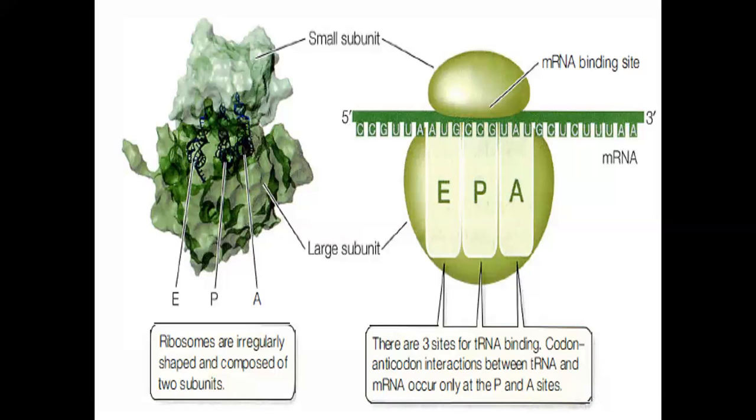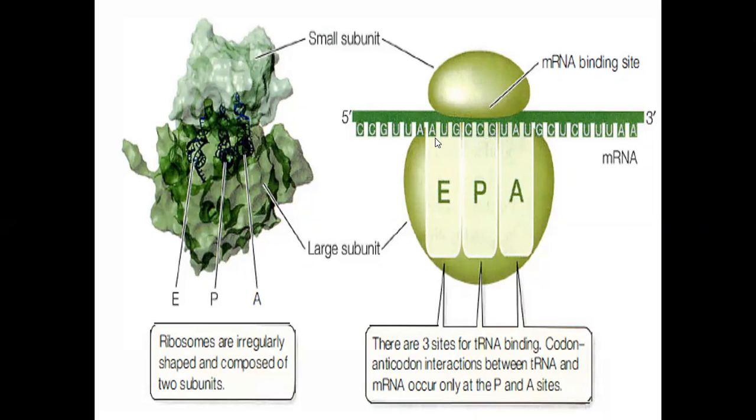So at this point, the ribosome will be covering, the A site will be here. Now, after the ribosome moves, the AUG will end up in the P site if it moves 3 bases.